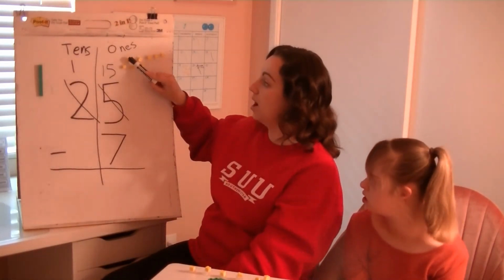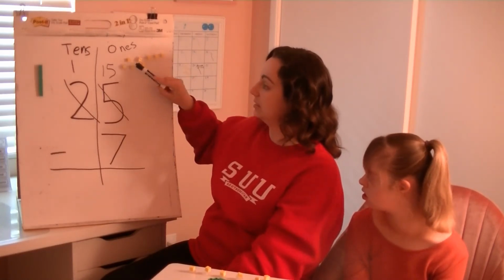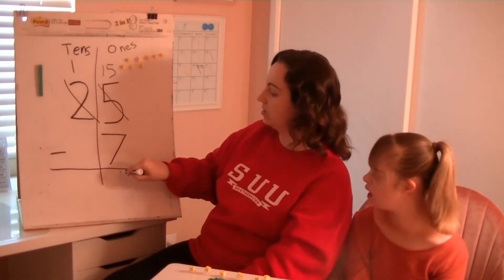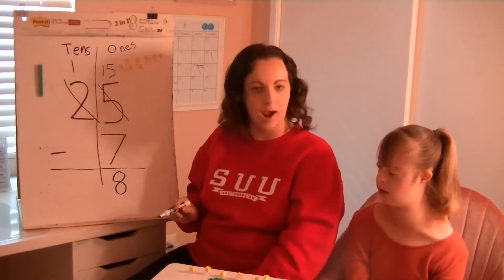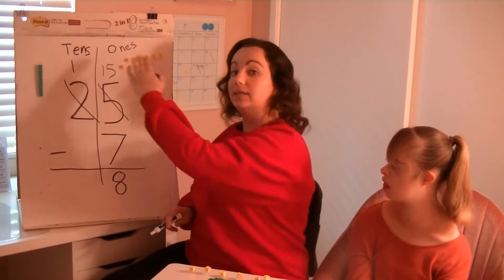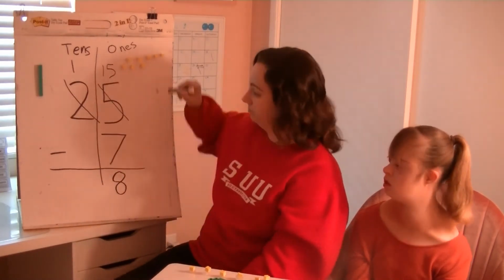6, 7. Now let's see how many I have left. I have 1, 2, 3, 4, 5, 6, 7, 8 left. So I write that answer down here on the one side. Whew. I think we have the one side taken care of. Now let's go back over to the 10 side and see what work needs to be done there.